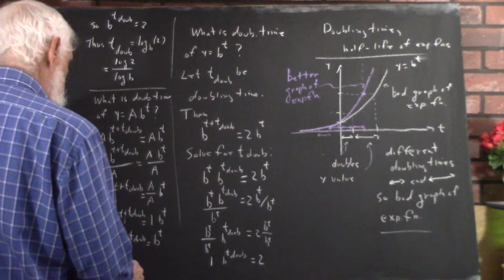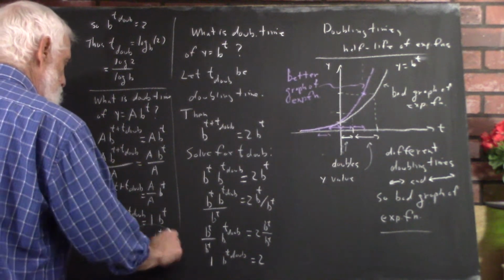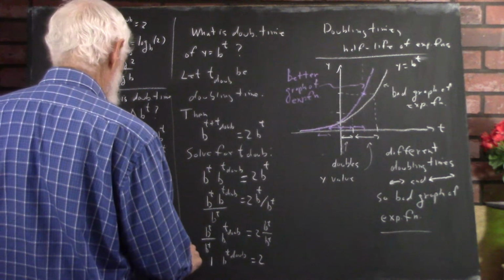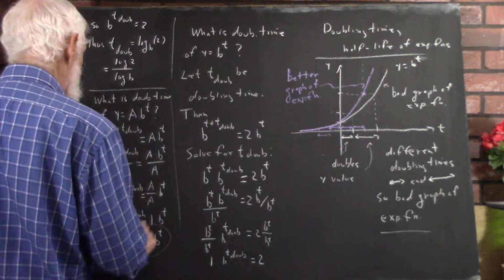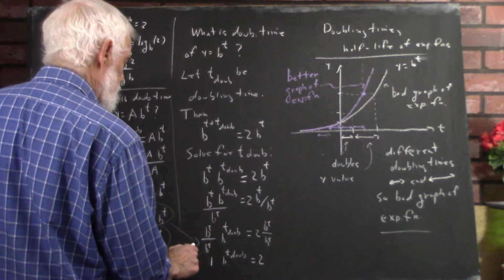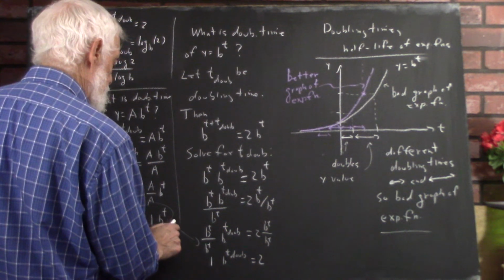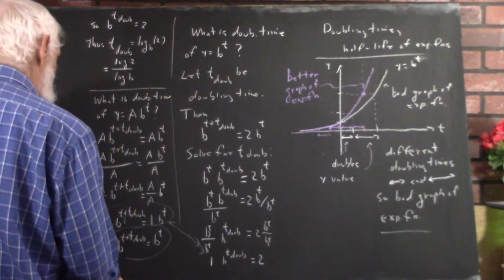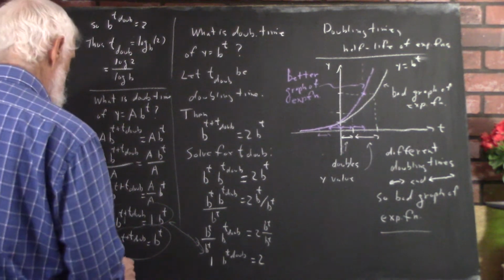Okay, so this is the same as this, or let's just say this is the same as this down here. So everything else follows just as it did up here.